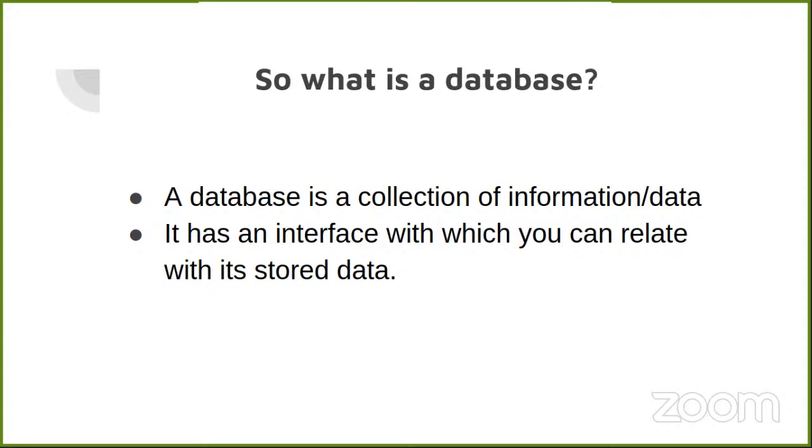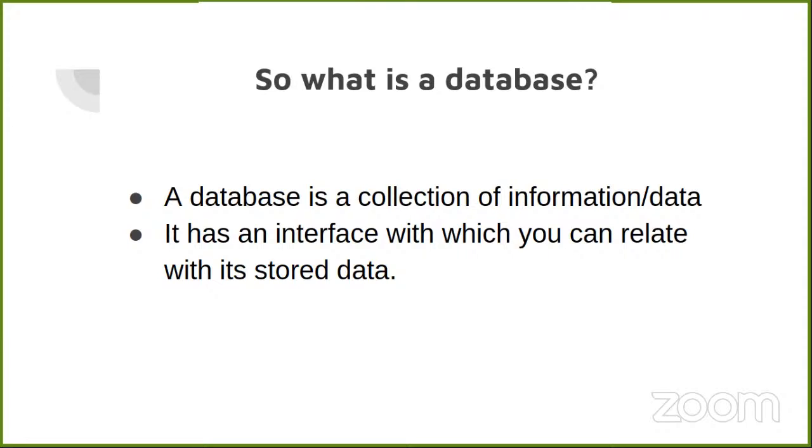You could have a file that stores, for example, names of people or whatever, and that file could very well look like a database to you, but you do not have a way to interact with that data. So that's why I said a database is a collection of information, and not just that, it has an interface.